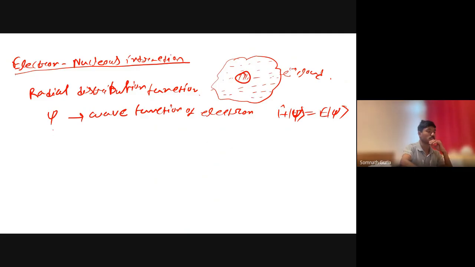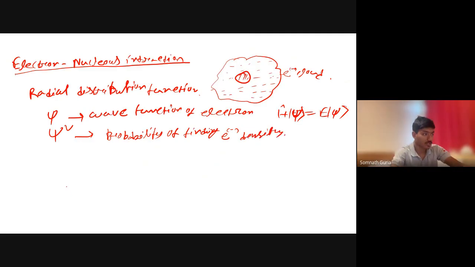Psi is the wave function of the electron. This psi square value is the probability of finding the electron density.